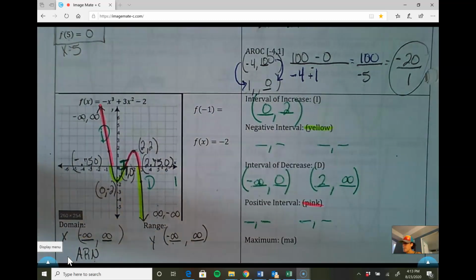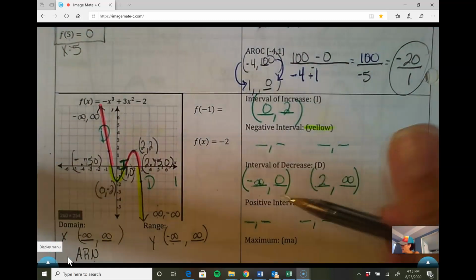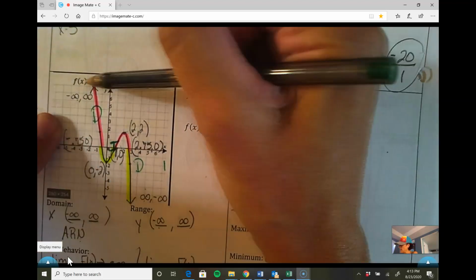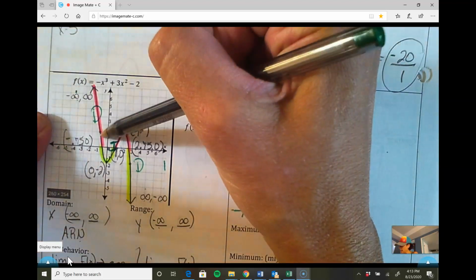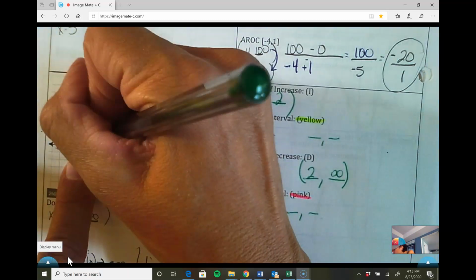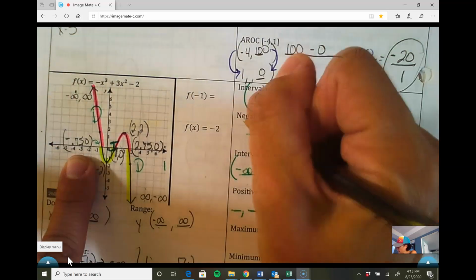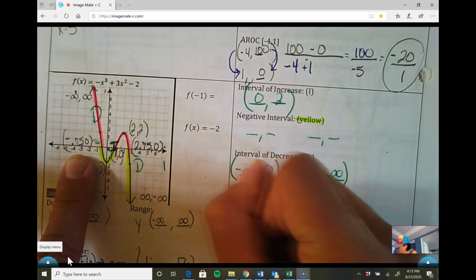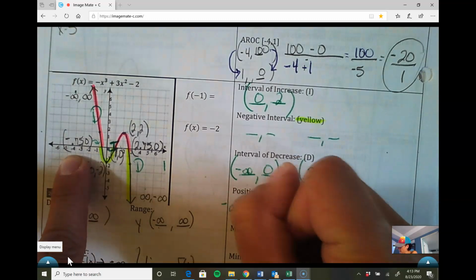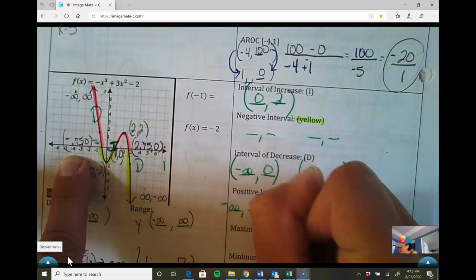I always like to fill them up or get them set up. So let's start with our positive. It starts at -infinity until we get to this x-intercept, -0.75.